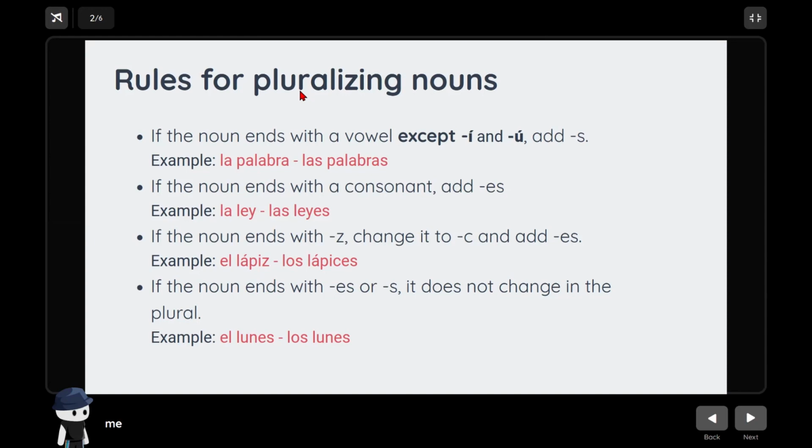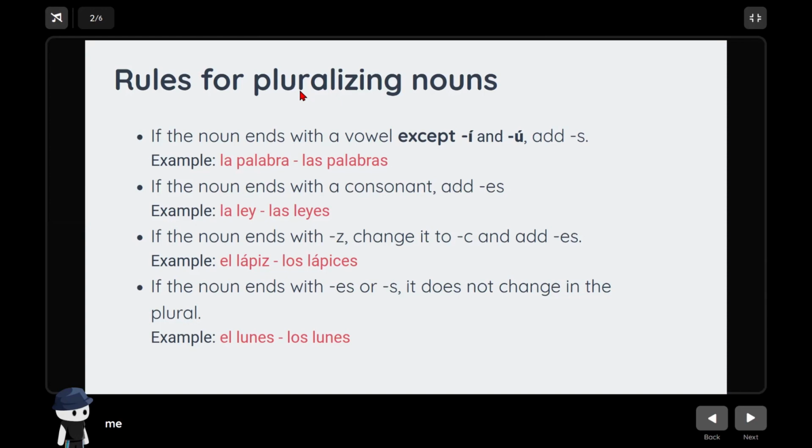We want to pluralize it, so of course the el turns to los, and then we change that Z into C and add the ES: los lápices. And just like that, we've pluralized it. This works for basically all of the nouns that end with Z.